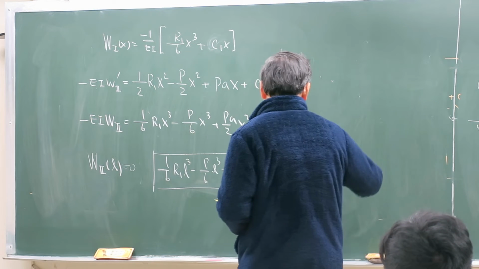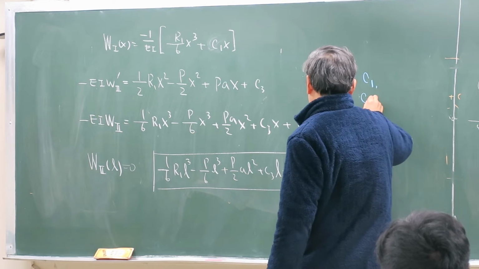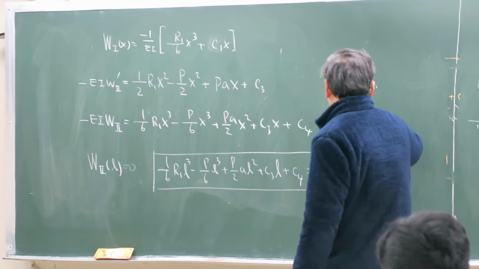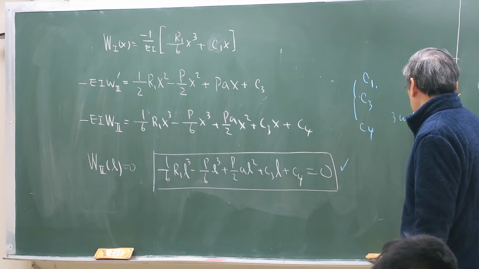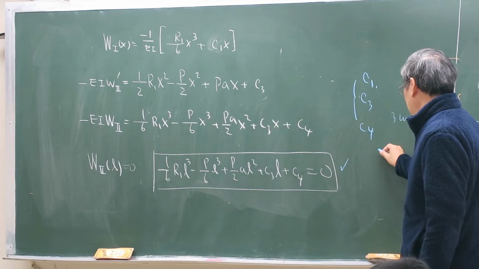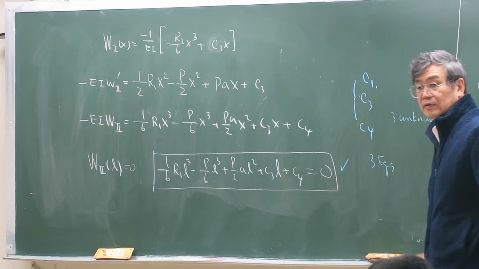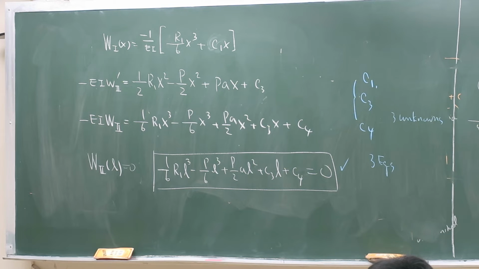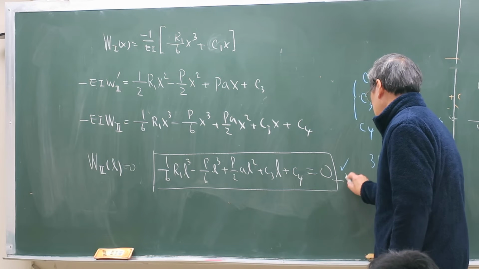So we have one equation, and we have C1, C3, C4, three unknowns, and we need 3 equations. So this is 1, and we need another 2. What condition do we need? We can have the continuity condition.